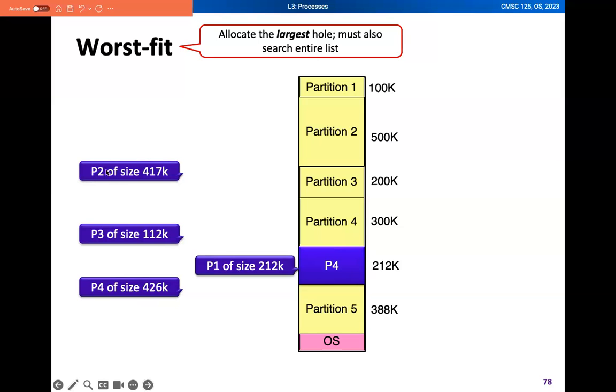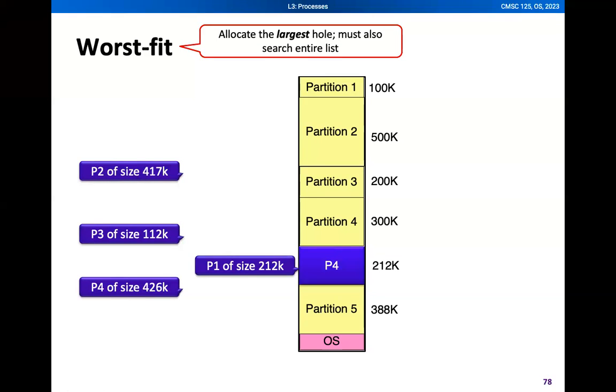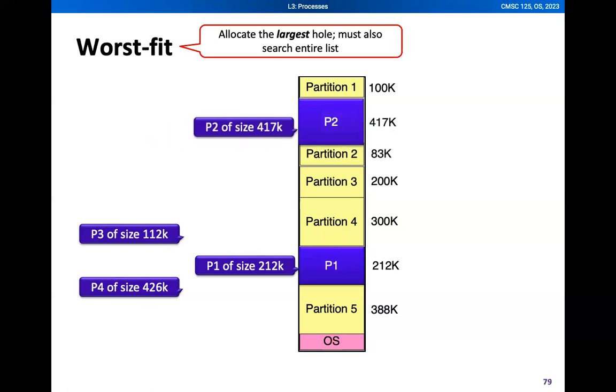Now we have P2 of size 417K, and where are we going to put P2? Which is the largest hole here? The largest hole is partition 2 with 500K. So we are going to put P2 there, and then we will have the remaining 83K for partition 2.